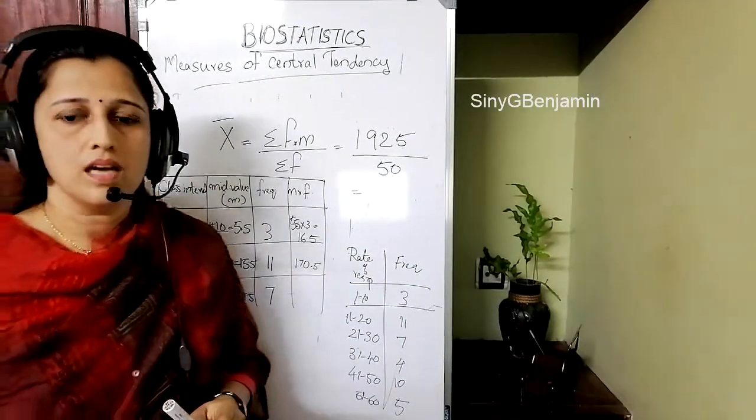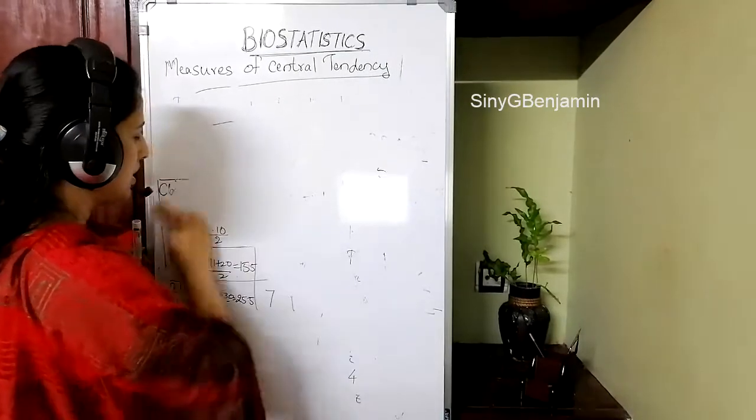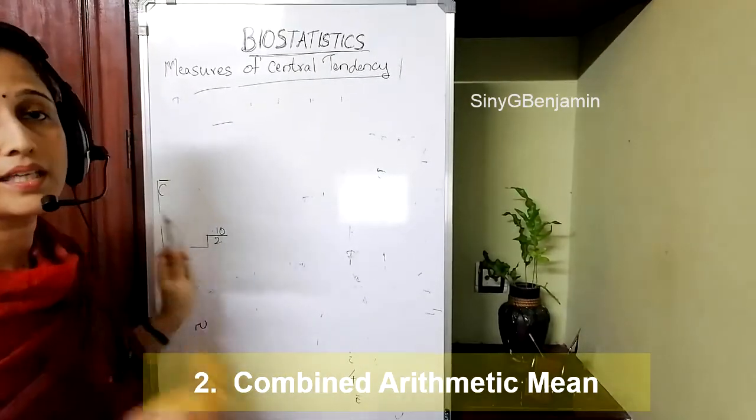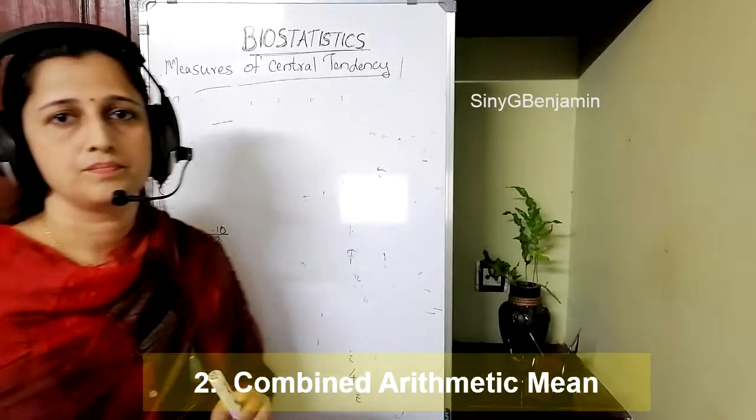Now let's see how to find the combined arithmetic mean.